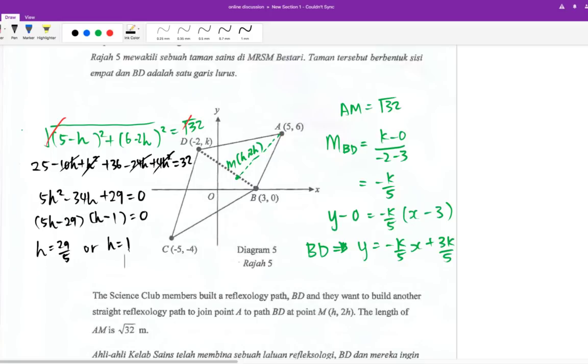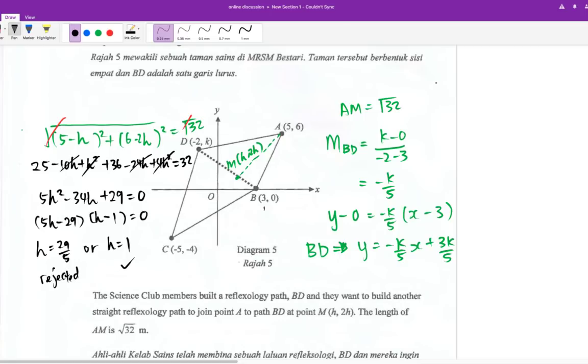Alright, so over here you will need to solve it, and then you need to understand h is basically the x value here. Since here is 3, 29 over 5 is impossible. 29 over 5 is 5.8 or 5.9. So the x value should be for this value, right? So I will reject this one. I will take this answer.